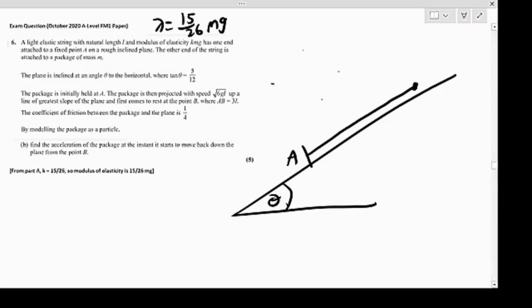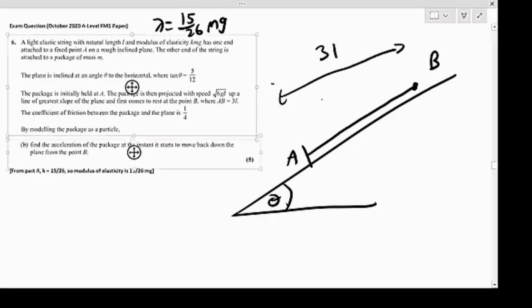Now we're told, so this is the point B, and we're told the distance AB is 3L. It's held at A and then it goes up to the point B here.